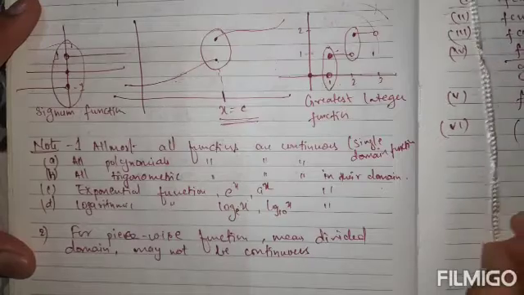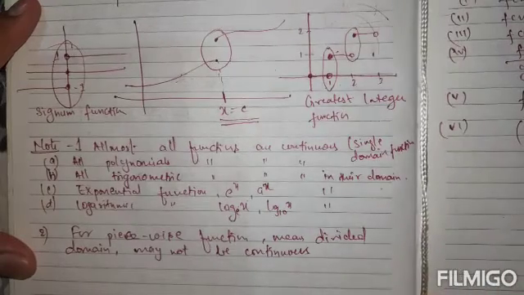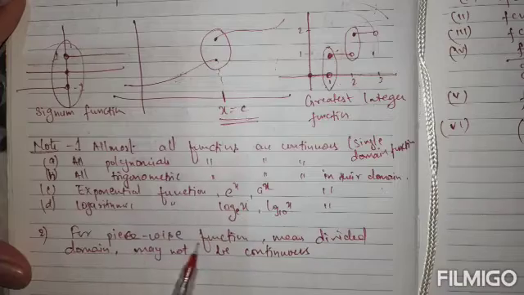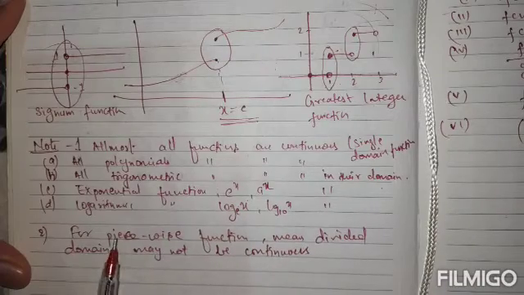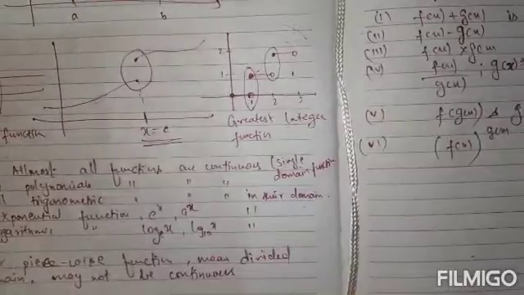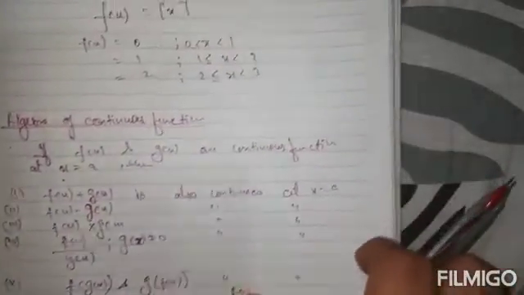Now, where does discontinuity exist? The discontinuity exists for piecewise functions, means functions of divided domain. They may not be continuous at certain points, certain values of x, like this one, as we had just discussed.